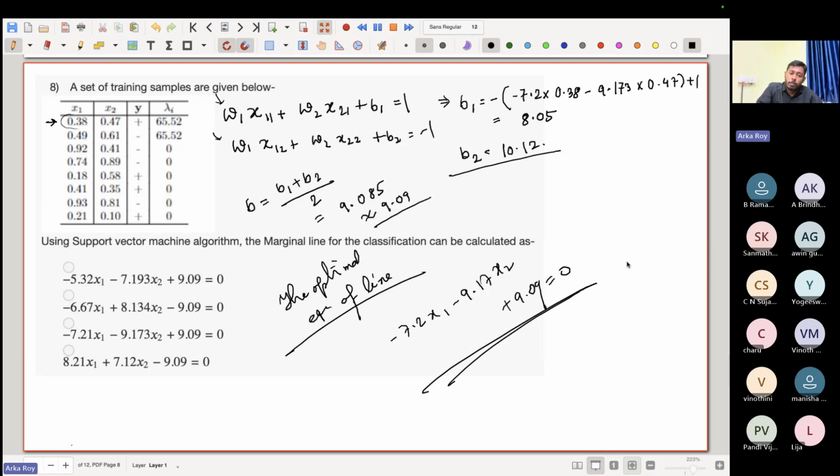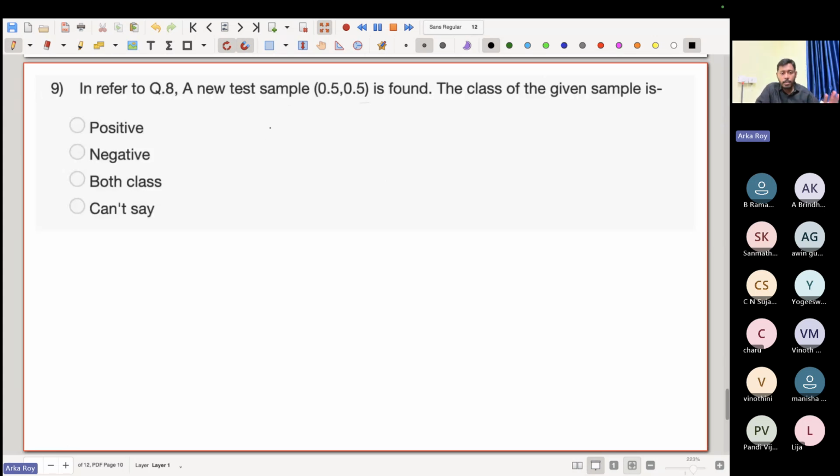Based on this equation as the decision boundary, you now have a test sample. You have to put the test sample values into this line equation and see whether the test sample (0.5, 0.5) belongs to class +1 or -1.